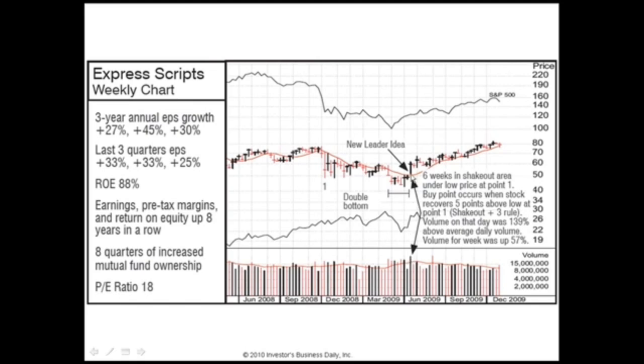Now, the reason for that is we were using this Livermore formula again. Look at your low back over in the January period, which is around 49.5, and the stock breaks below that and hangs in there.